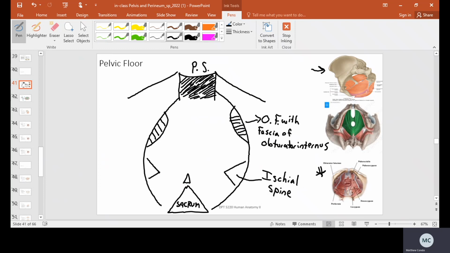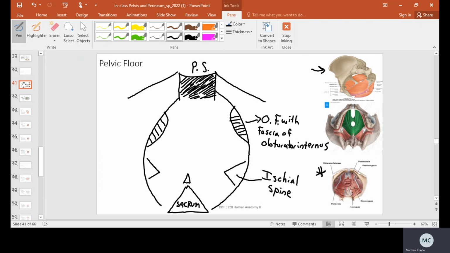Okay, so a lot of terms we've already encountered and are familiar with. But what we're going to see is that a lot of my pelvic floor muscles are going to use these already existing anchor points for attachment. The other thing I'm going to draw in here is something called a tendinous arch.